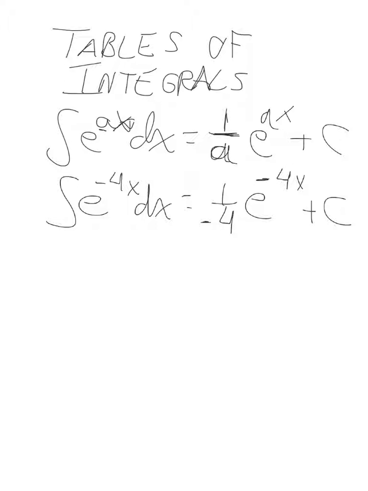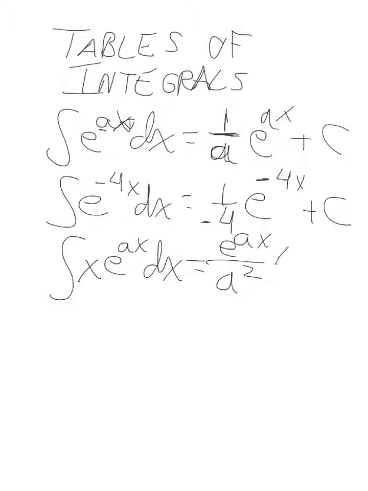Okay? Another one that comes up a lot is x times e to the ax dx. And the integral formula for that is e to the ax over a squared times the quantity ax minus 1 plus c.